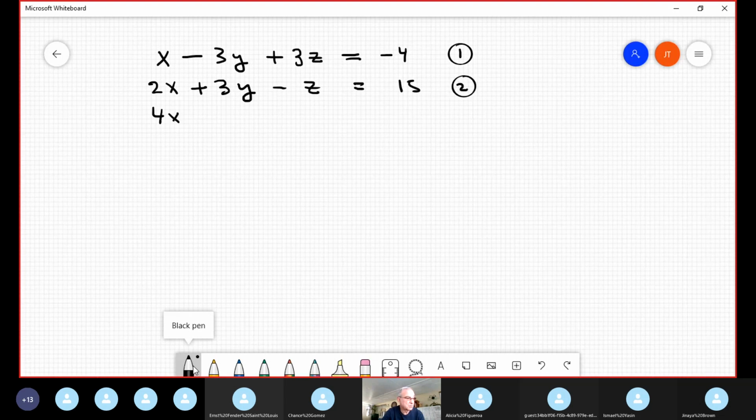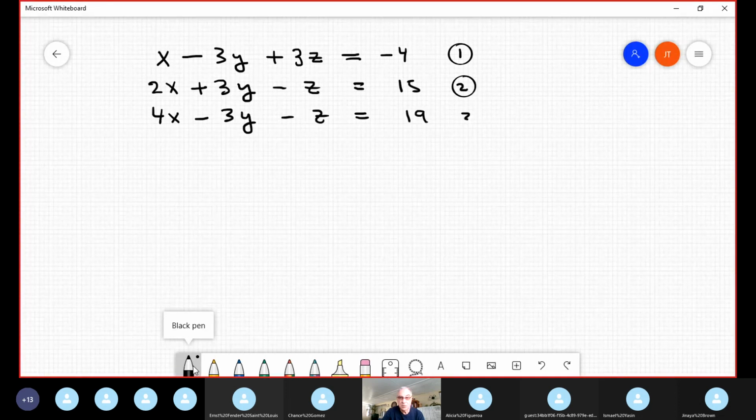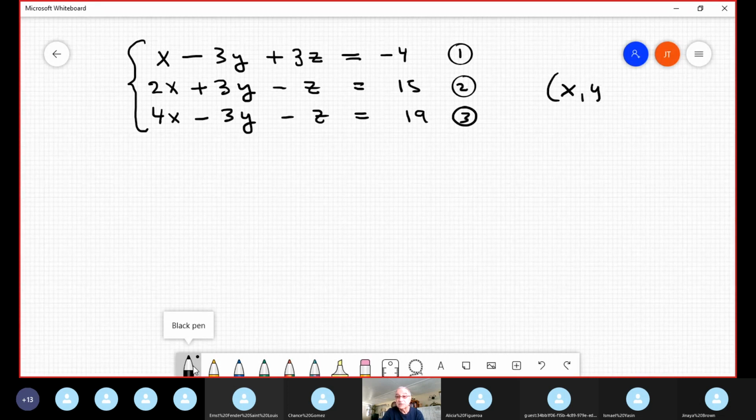And 4x minus 3y minus z equal 19. Wow. 3 equations and 3 unknowns. The unknowns are x, y, and z. And when I finish that, I need to find the ordered triple x, y, z, that represents the solution of this. Okay?